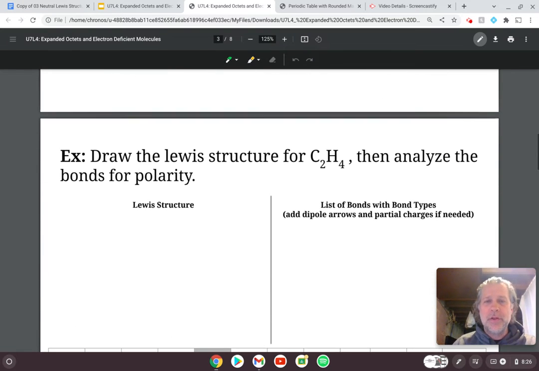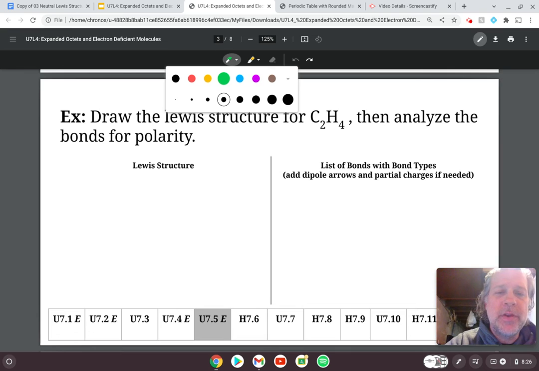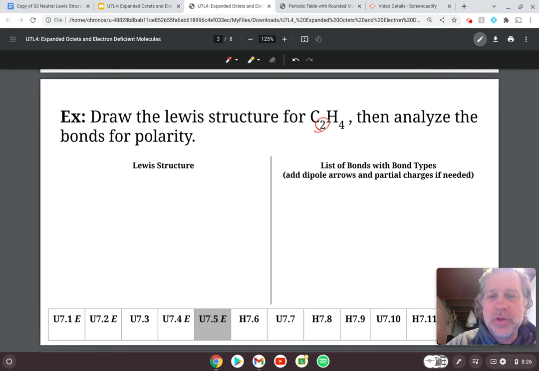The rules for everything that we're going to do today are still pretty much the same. So I don't think we need to review much of that, but we are going to start by talking about how to draw a structure that doesn't have one obvious central atom. So here we have C2H4, and in C2H4, there are two carbons and 4 hydrogens, and because of that, we can't really readily identify what the central atom is.